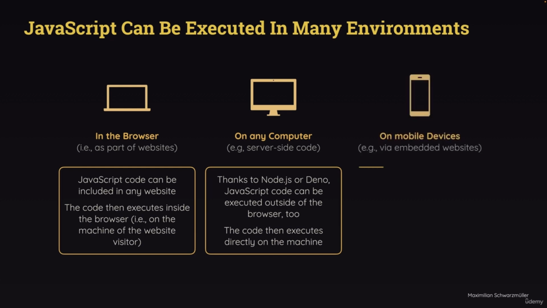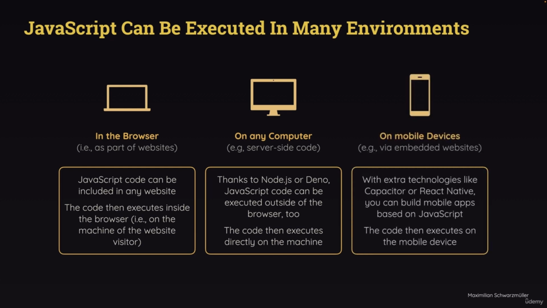You can even build mobile apps with JavaScript thanks to extra technologies like Capacitor or React Native, which, by the way, would be a great next step after finishing this course. You can also use React in conjunction with another tool or another library, you could say, called React Native to build native mobile apps for Android and iOS.